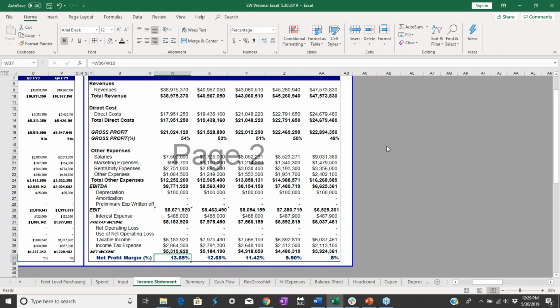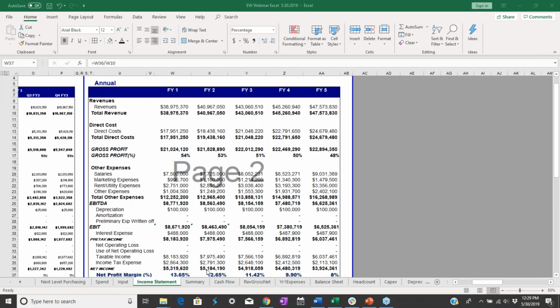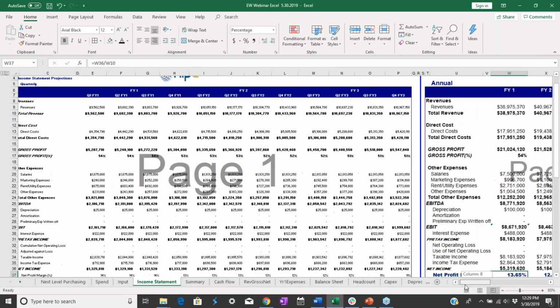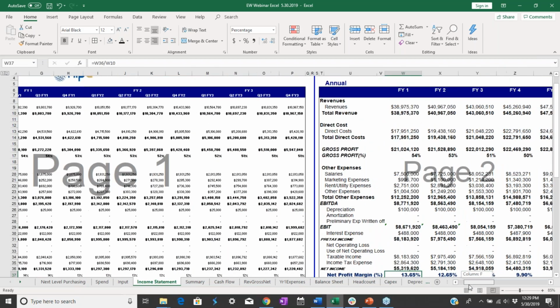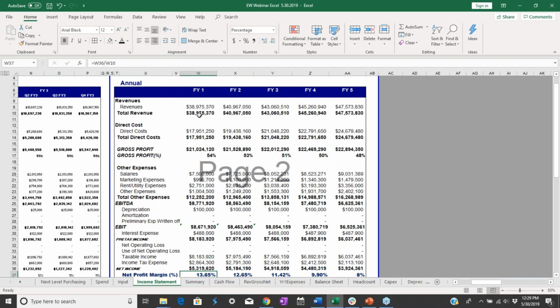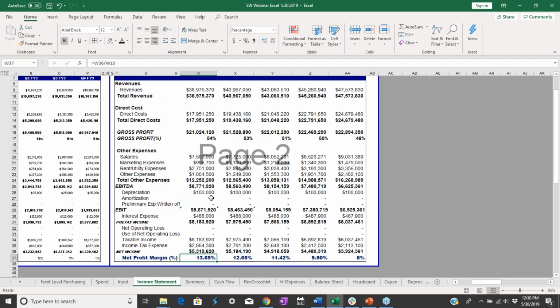If you could download the data points from your accounting department, they should be able to provide you with something like this, right? A simple P&L projection. Maybe this one, but you do it by the quarter, might be a little bit too much, but a simple P&L projection with the different categories.